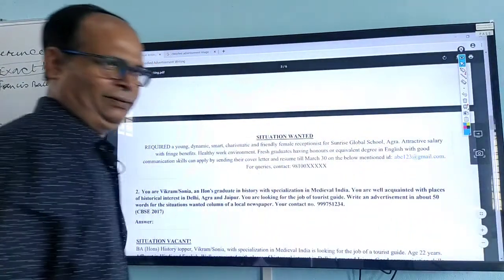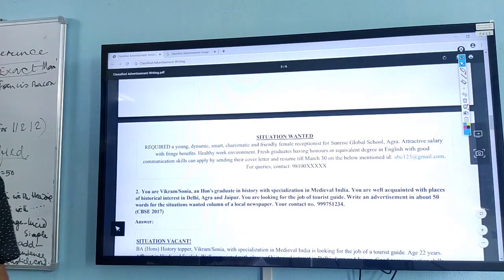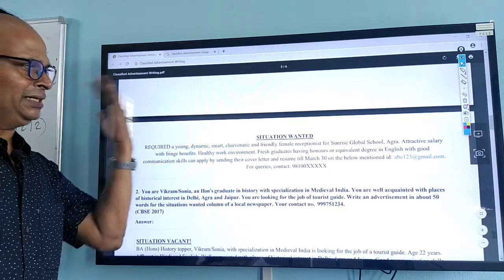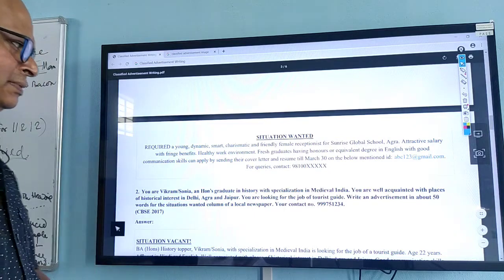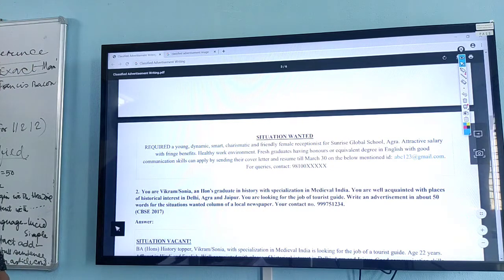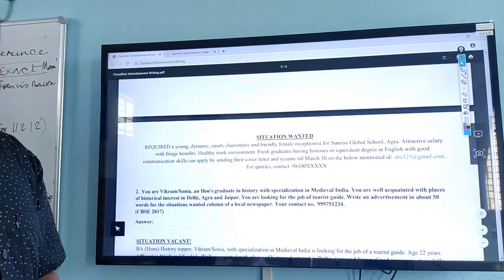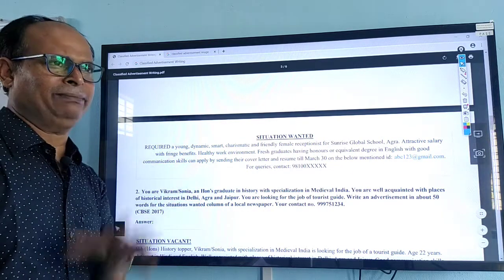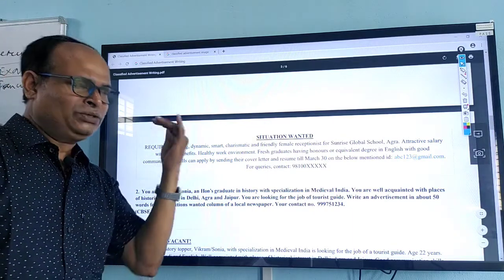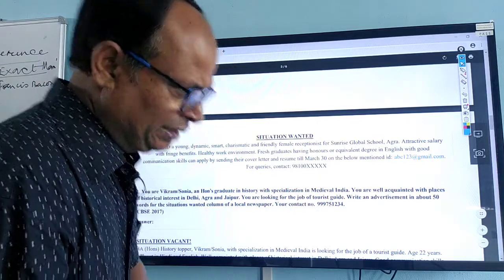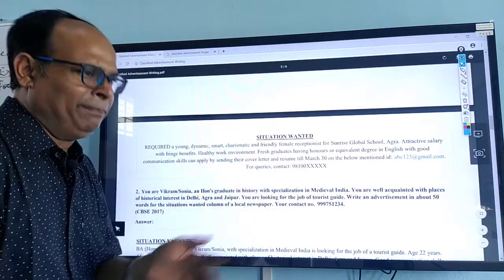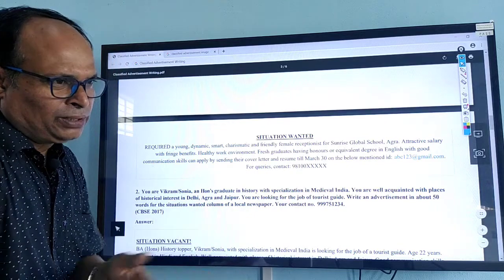Many times what happens, suppose you are writing a letter. There is letter writing also in class 12. When you are writing the letter, application for the job also, many times there is a lot of confusion. Suppose you need a receptionist, then when an MBA or engineer applies, it will be quite funny.